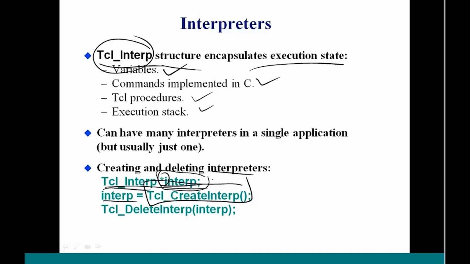So once we have the structure, we say interp equals Tcl_CreateInterp, which is just an object-oriented command that now creates your interp. And if you want to delete, use the procedure Tcl_DeleteInterp interp. This will delete the interpreter.